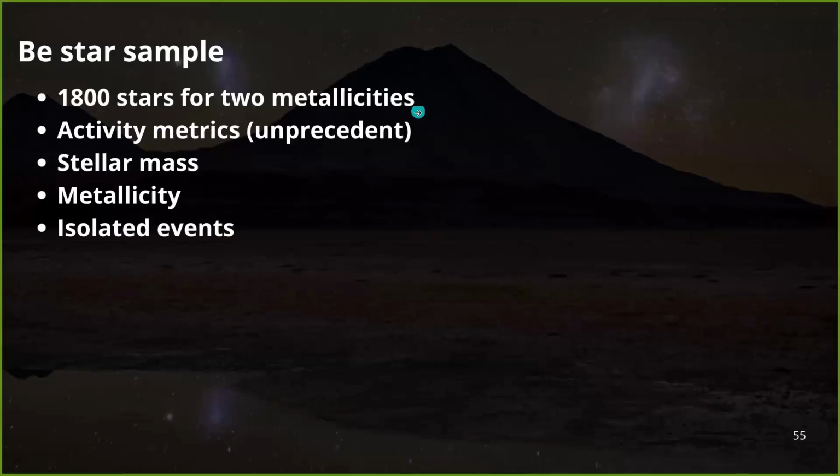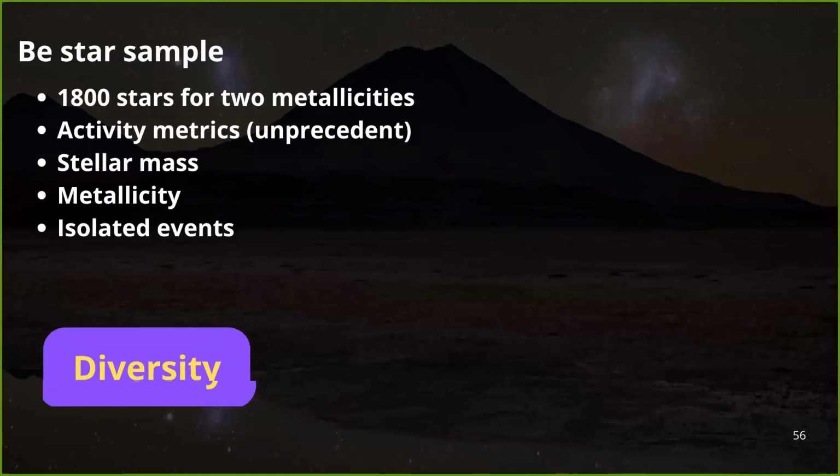We can estimate their activity, and we can study how this activity is affected by stellar mass and metallicity. And we also have the information of isolated events that will provide important information to us, as will be clear in a few slides.